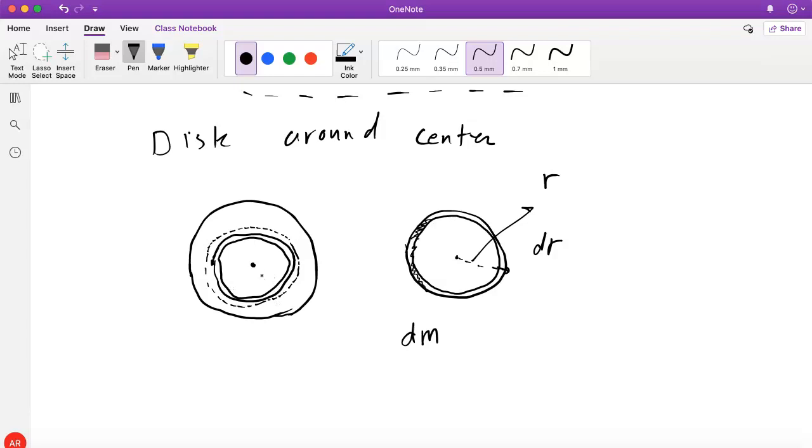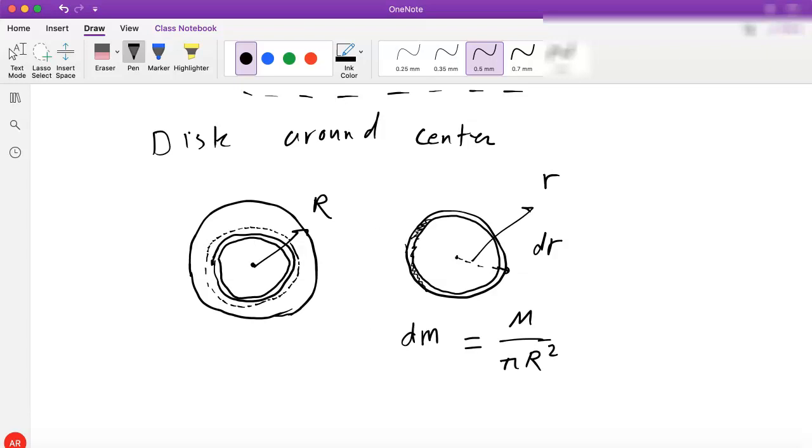So let's say the circle has the radius capital R here, and mass m. So the surface density, mass per unit area for this circle, is going to be m over pi r squared, right? Pi r squared is the area of the full circle.